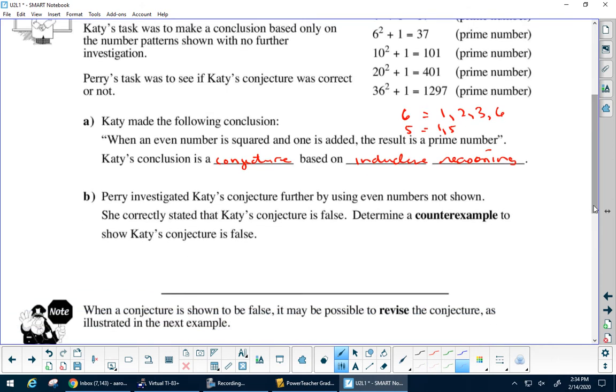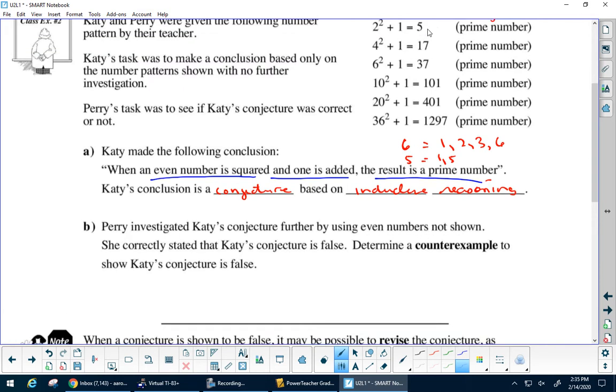Now, what's her conclusion? When an even number is squared and 1 is added, it'll give me a prime number. Is this true? You can't say no unless you can give me a counterexample. What's that?